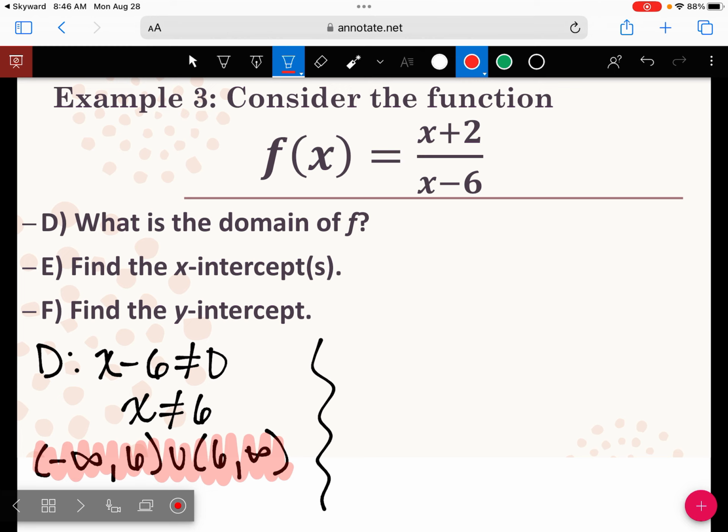So we know that x minus 6 cannot equal 0, which means x cannot equal 6. And that is how you would write your domain: negative infinity to 6, union 6 to infinity.